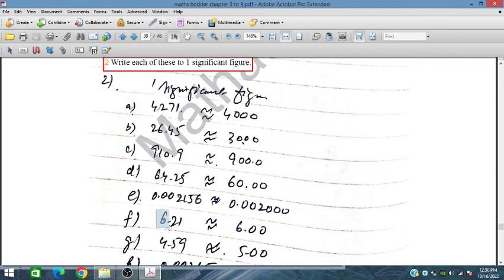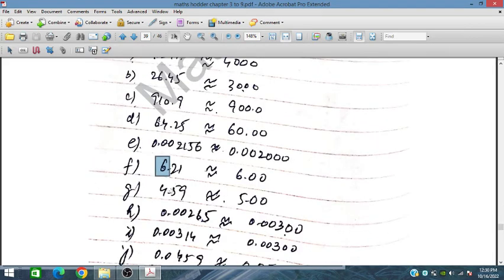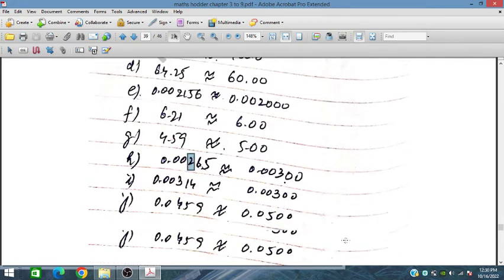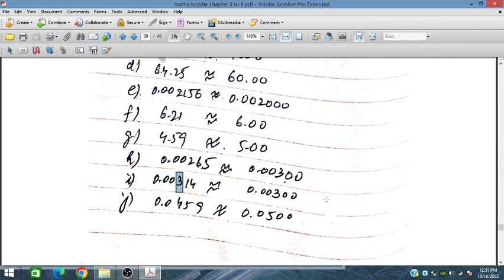This is the non-zero important number. So this is 5.9. This is greater than 5, so it's increased here. So it's 6. So this is 3. This is 5.05.